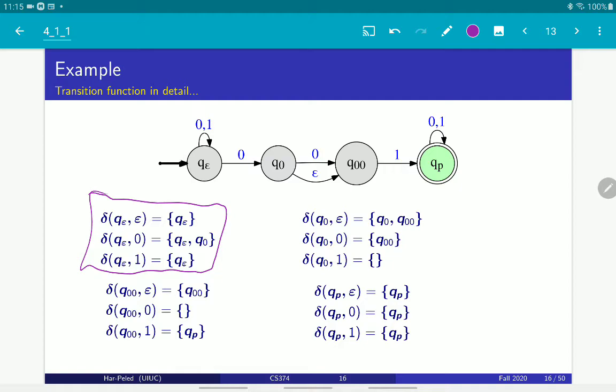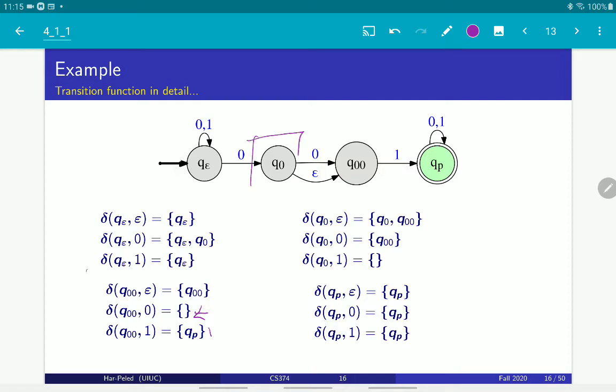Okay, now let's do Q00. Q00 on epsilon is stay where you are. Q00 on 0, well, there is no transition, so the set of states that you might be in is empty, right? And Q00 on 1 is, of course, to go to QP. Okay, so this is that. Okay, next one.